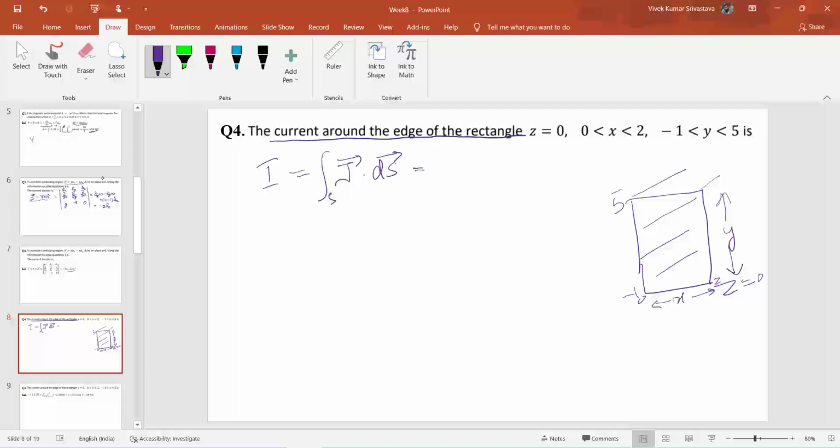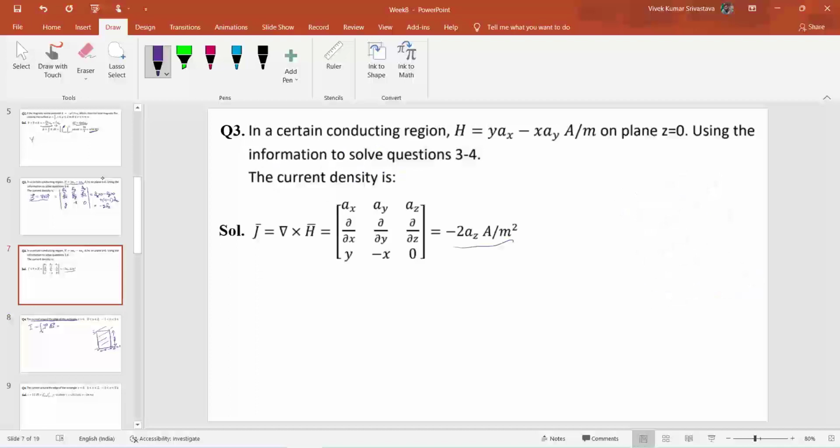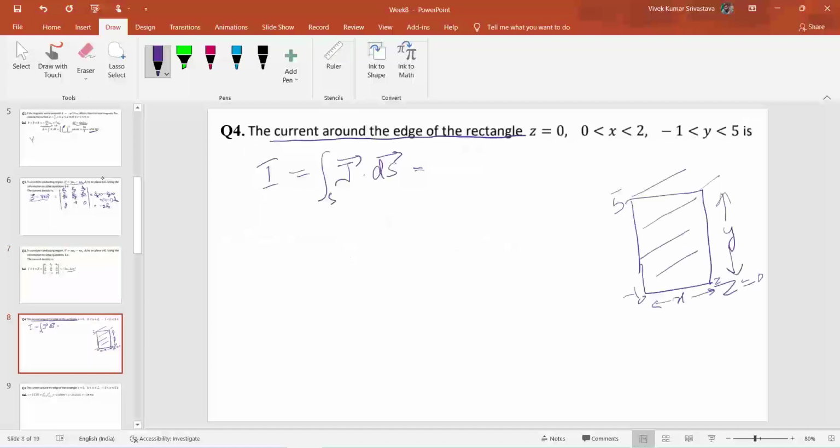The value of J we have already calculated is equals to minus 2 az. So this will be equals to minus 2 into, we have to take the differential surface area along az, so this will be dx dy, and we have to take the limit as 0 to 2 along x and minus 1 to 5 along y.